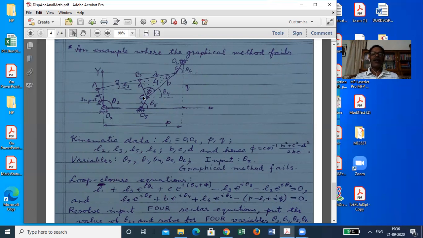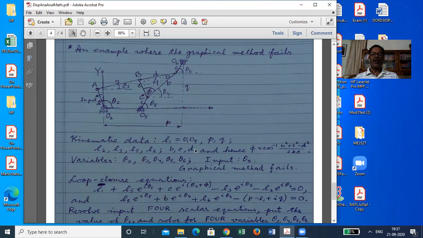Now here again you see that what I have done here is graphical method. Making the change is difficult. If I had done it through a computerized method, then the change would be very easy. Anyway, these B, C, D are also kinematic data. Either you give b, c, d or you give b, c, phi.